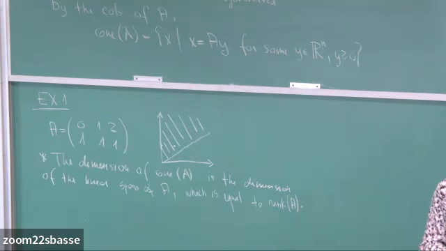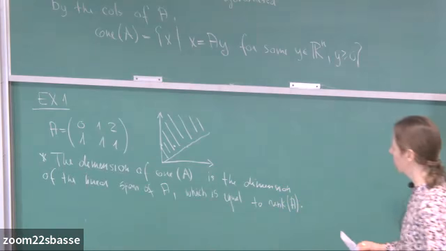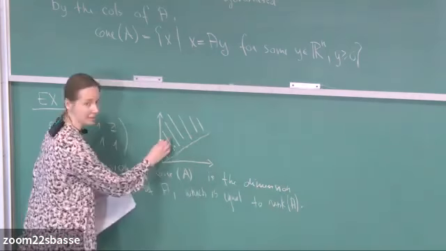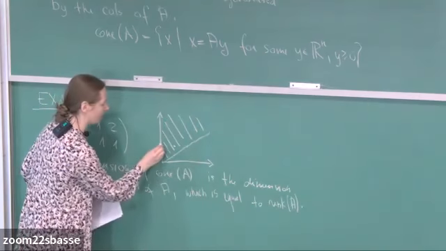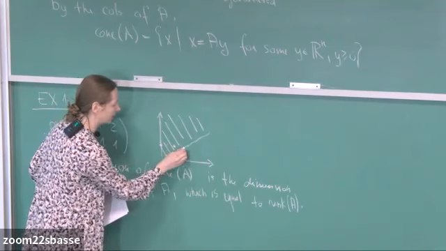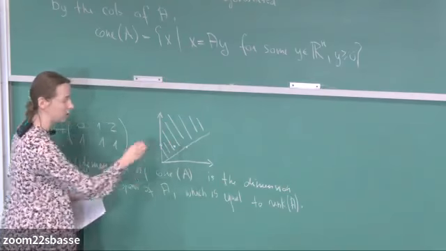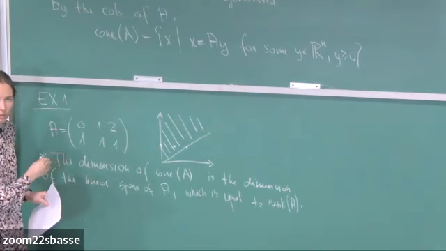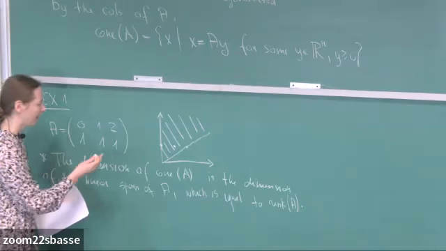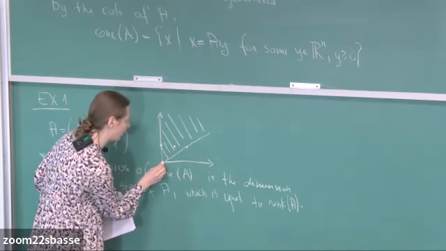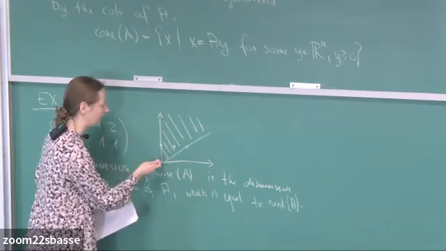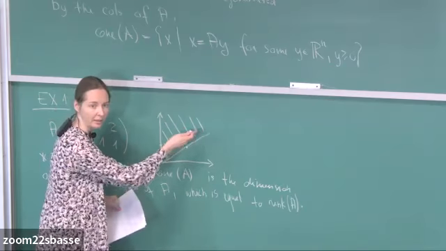There's a question about this picture over here. How we get it is we look at these three points that are the columns of A, and then we also consider the point 0. Then we take these supporting rays.